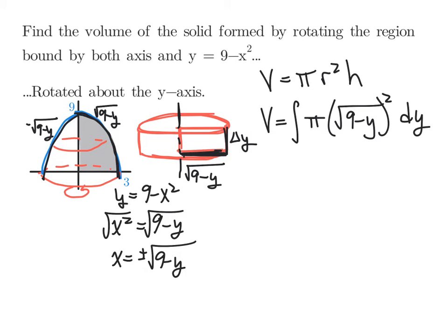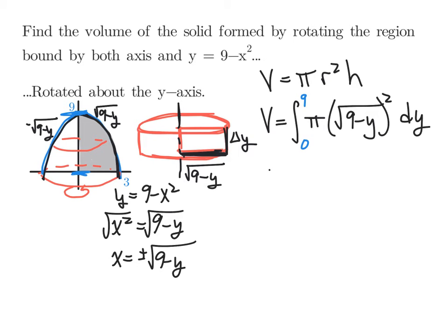The only other thing we need are the limits of integration. Now remember, we're going to stack these disks vertically now, so we need to look at that interval in terms of y, that vertical interval. So we're going to start at 0, but instead of going to 3, we're going to go up to 9.